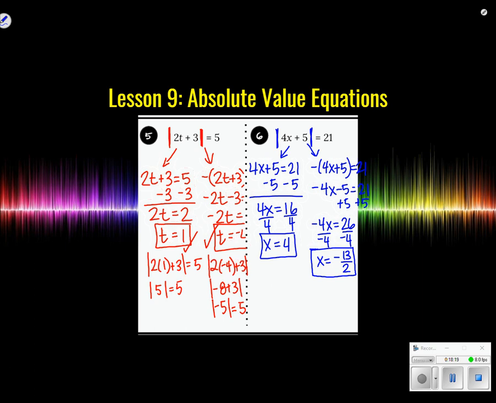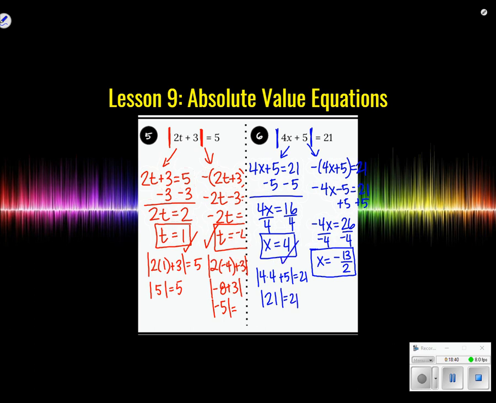Alright, so let's plug in 4. Absolute value of 4 times 4 plus 5. And that's 16. 16 plus 5 is 21. Absolute value of 21 is 21. I forgot my equal sign. There we go. So that one works.